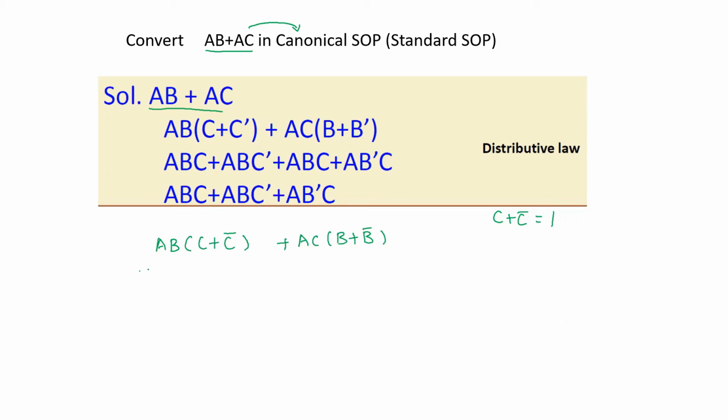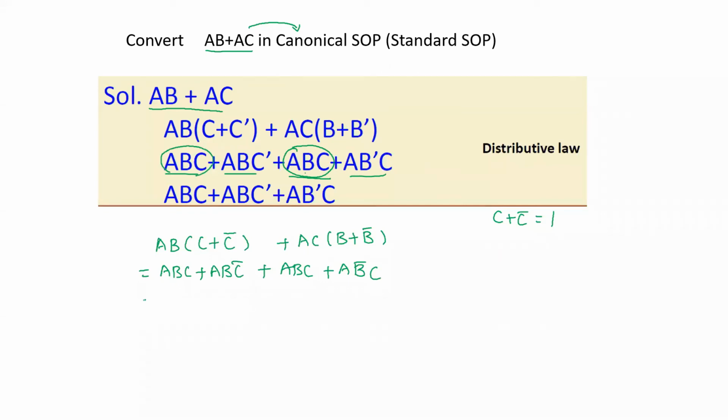So in this way, you end up with ABC plus ABC bar plus ABC plus AB bar C. So you will find from this you are getting ABC, ABC bar, ABC and AB bar C. But this term and this term are being repeated.